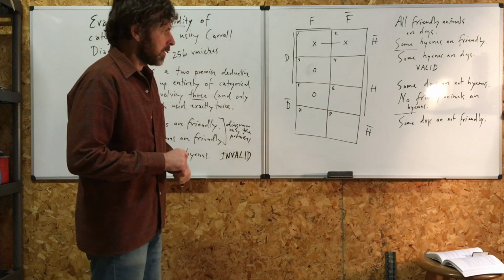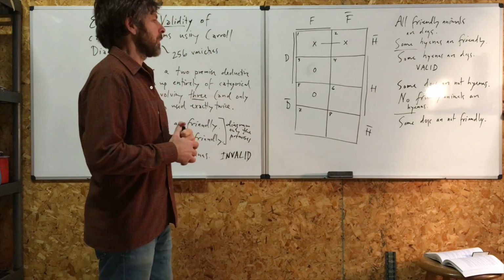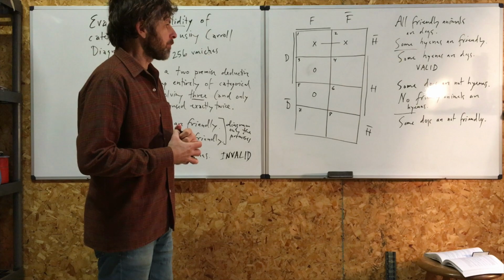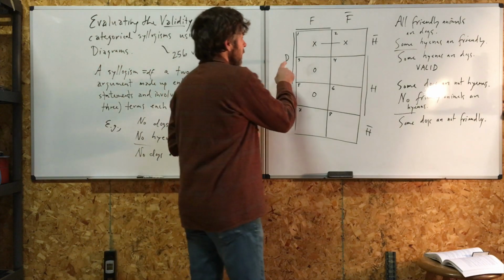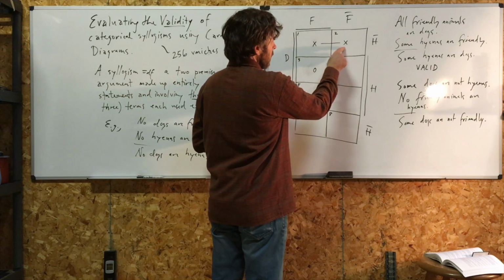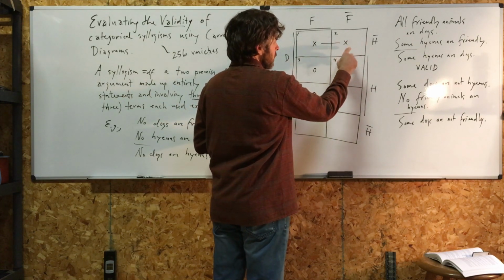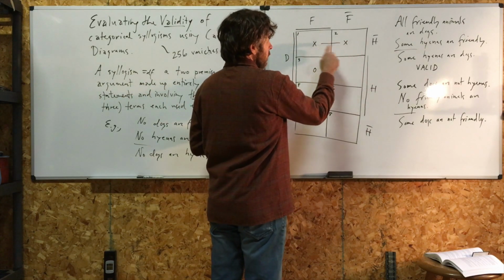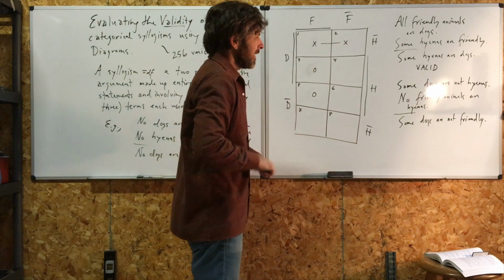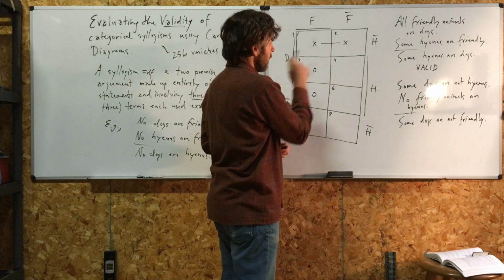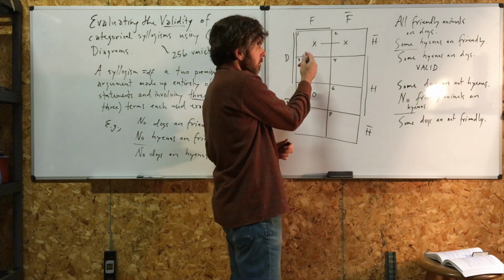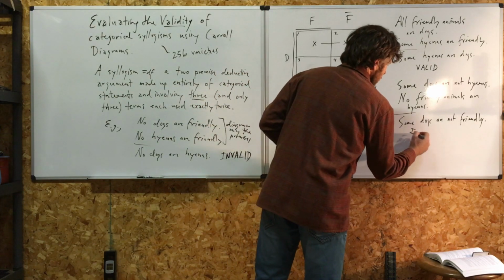Is it guaranteed that some dogs are not friendly? It's not guaranteed. It could be the case that there's a dog in region 2, but we don't know whether it's in region 1 or 2. It's not guaranteed that there's at least one dog that's not friendly. The X could actually be in 1. So this is invalid.